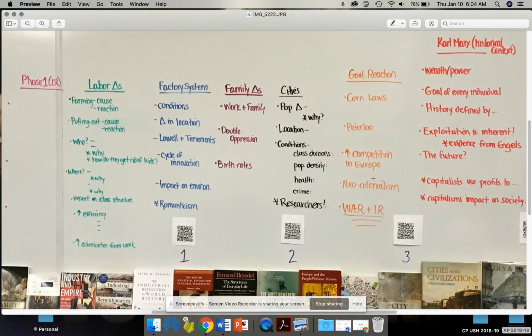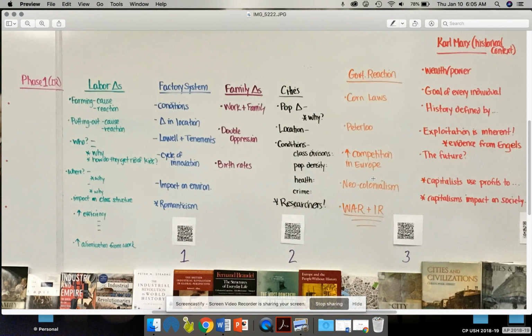So competition is going to increase in Europe. And as competition increases in Europe, now you're starting to see some other countries become industrialized as well. The only thing I want you to know for this is that there are 3 phases to the countries that become industrialized. During the first phase, Britain is the one who industrializes.